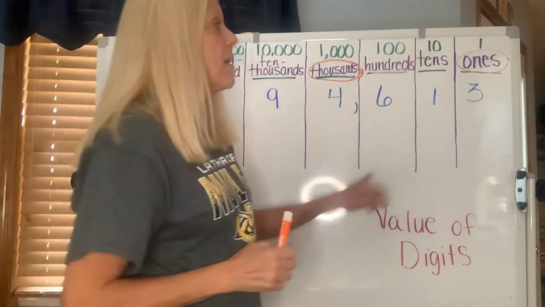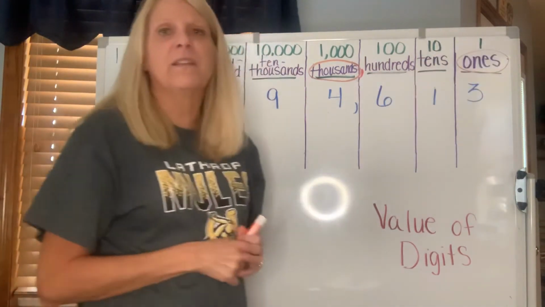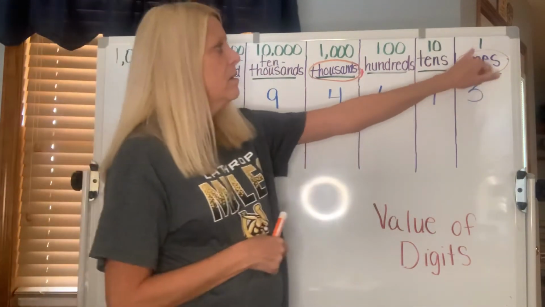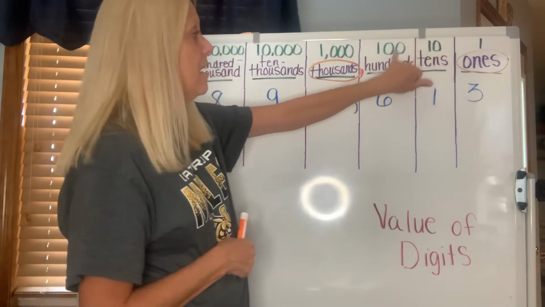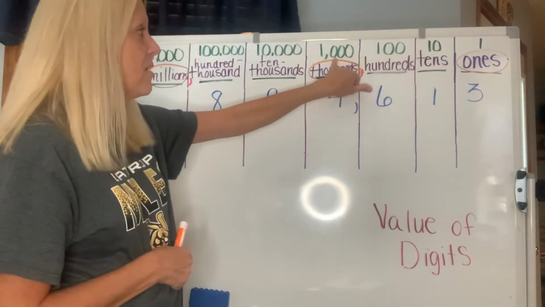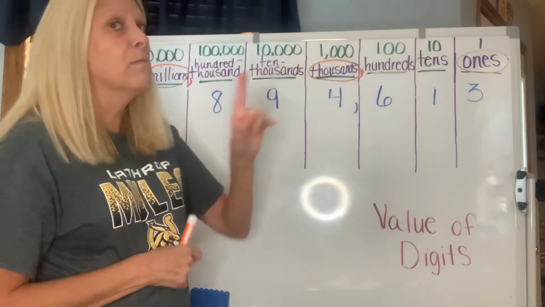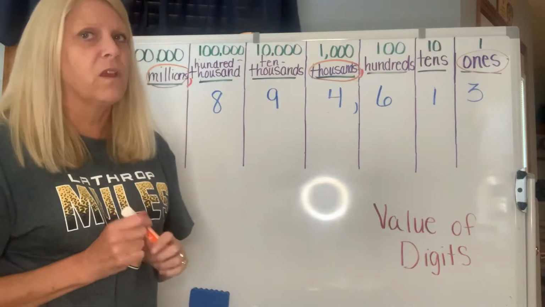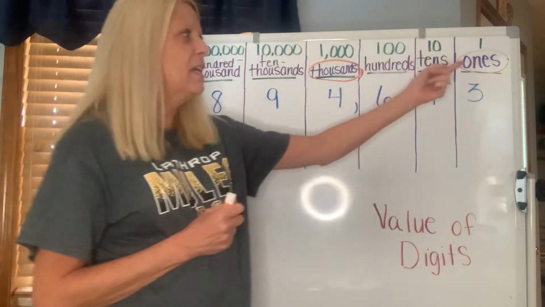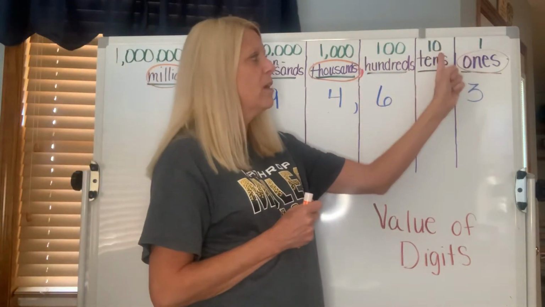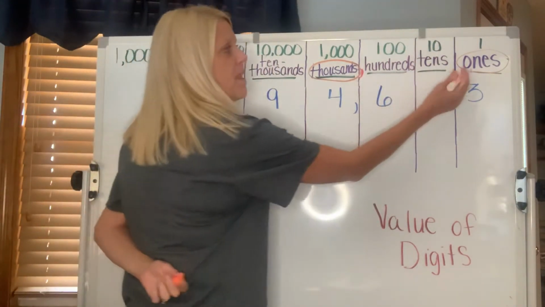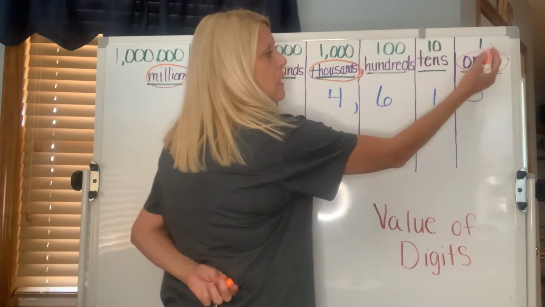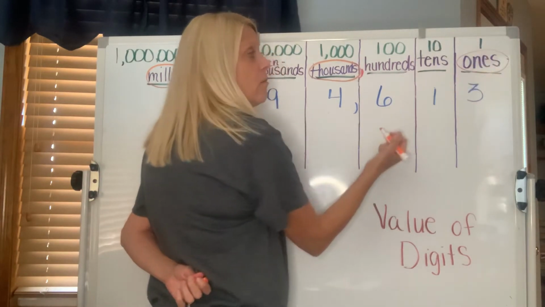All right, next I want you to look at the numbers. 1, and then we have our 10 and our 100 and our 1,000. But one thing I want you to notice, what happens each time we go to the next place value? We have our 1 with no 0.